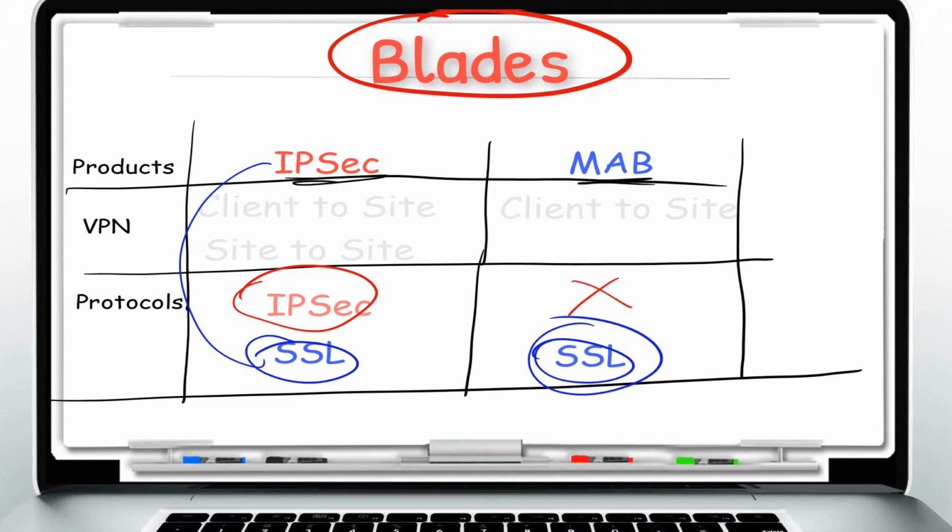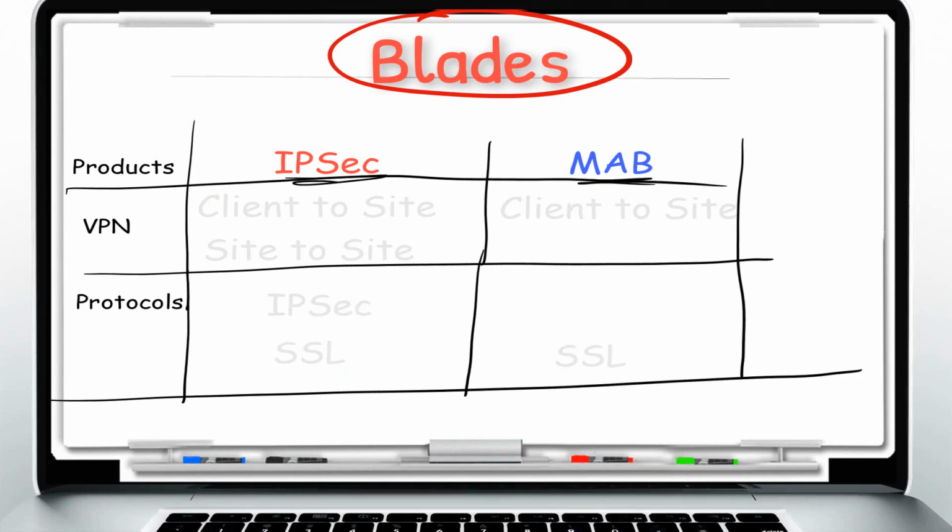The main difference between the IPSec VPN blade and the Mobile Access VPN blade is this. I think the first question to ask is, do you want to set up site-to-site VPNs or client-to-site VPNs? If you want site-to-site VPNs, then you can only use the IPSec VPN blade. The Mobile Access blade does not do site-to-site VPNs. On the other hand, if you want client-to-site VPNs, then you can use either blade.